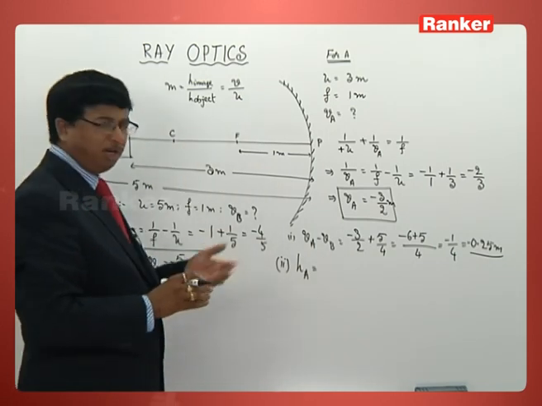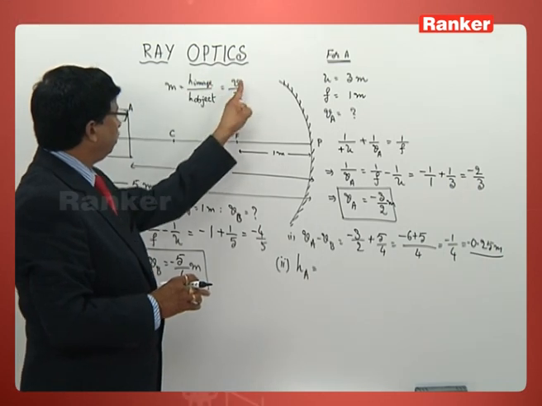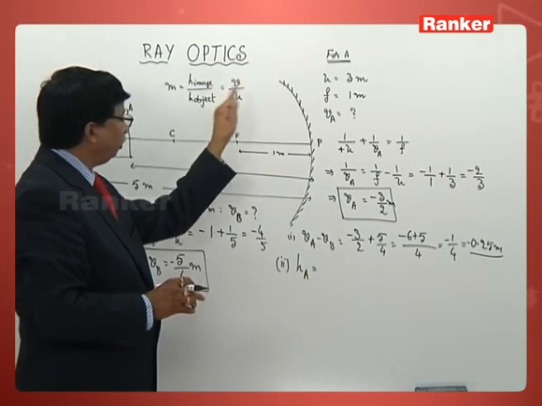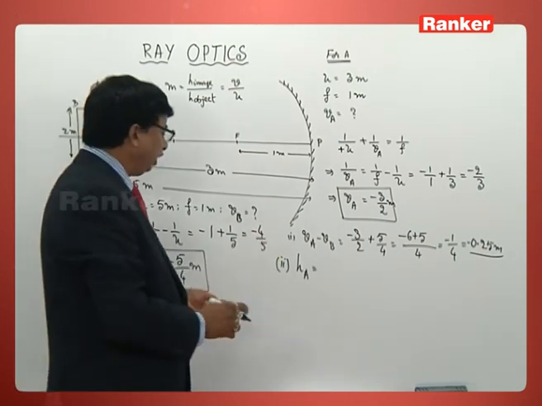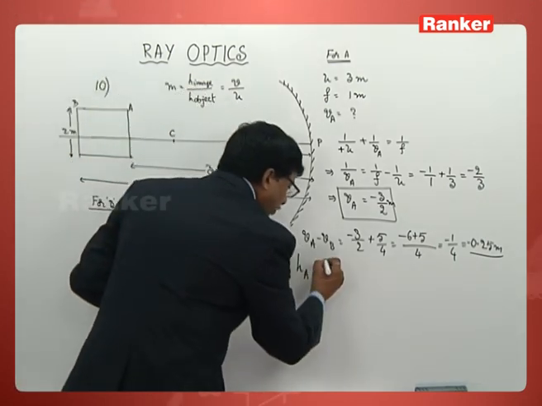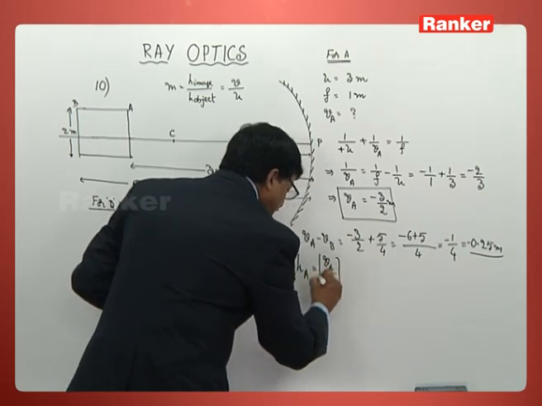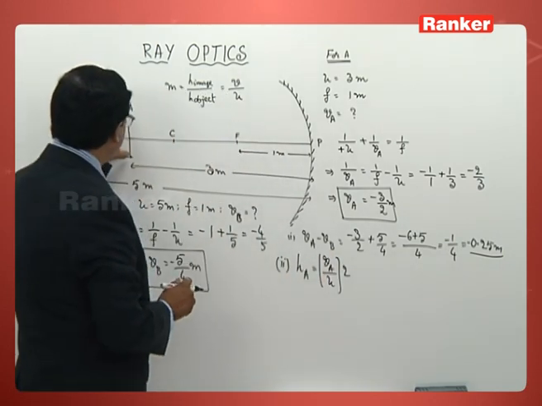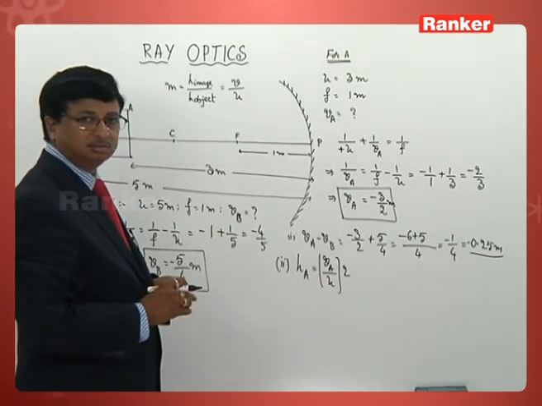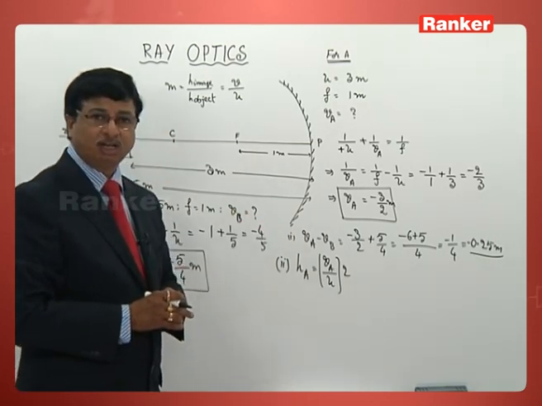We know that formula very well. Same you apply: height of the image is equal to V by U into H of object. Same thing you take, height of A is equal to VA by U into 2 meter. Why 2 meter? That is the size of the object. Its side is given as 2 meter for us.